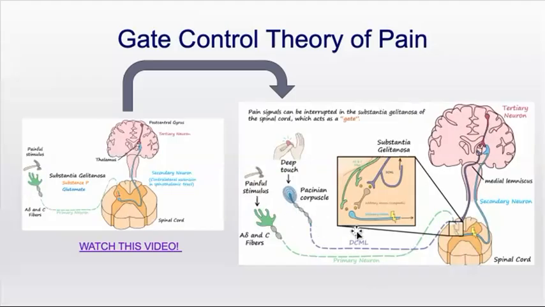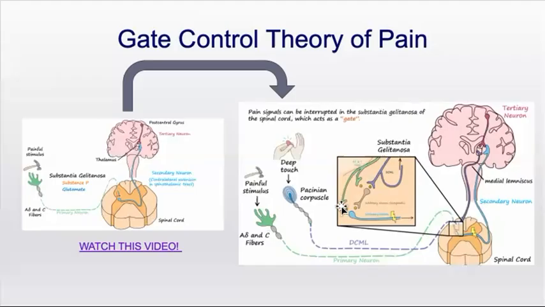At the same time, if we go back to the level of the spinal cord, okay, and we zoom in on it, this is the area called the substantia gelatinosa. And so what you have is the green nerve here. This is the original primary neuron from the painful stimulus, okay?